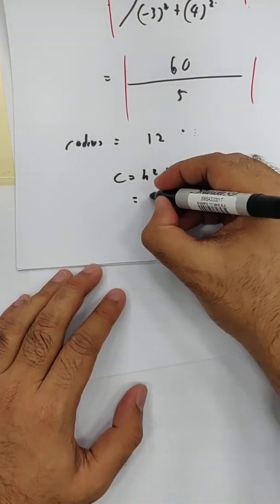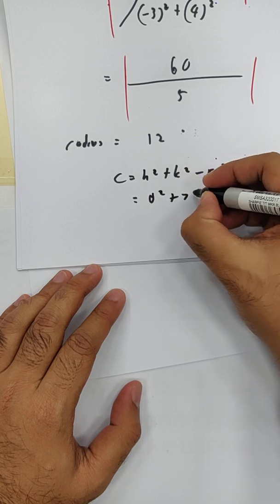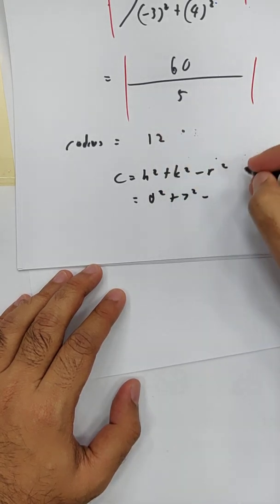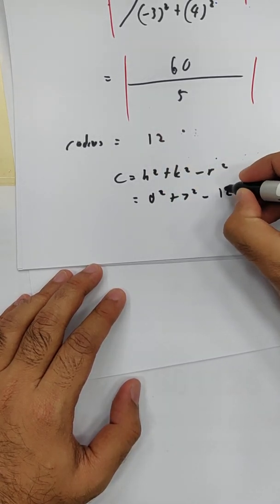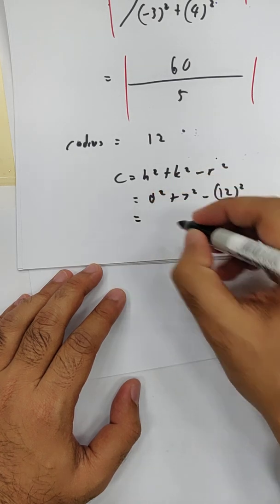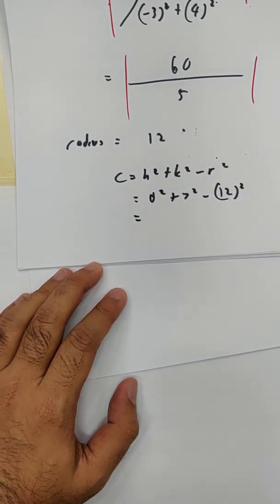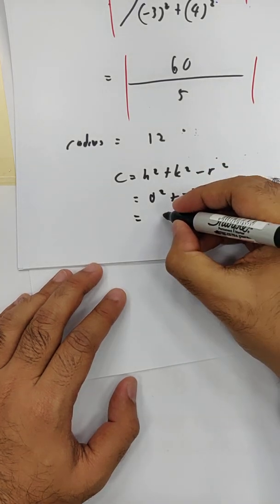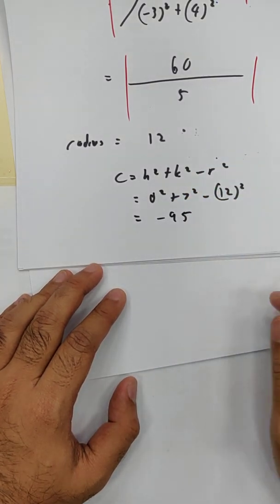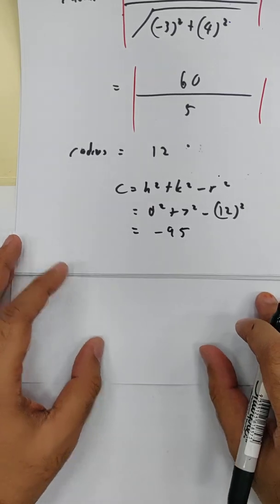Over here is just something you have learned before, so I can go quickly. Radius is 12. Press that in your calculator, you should get minus 95.